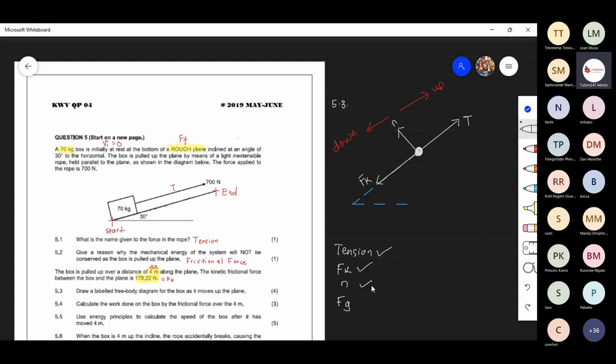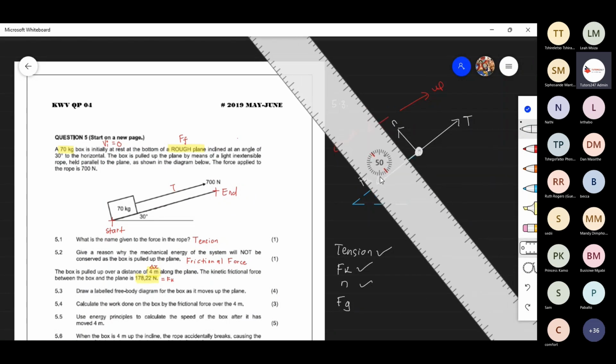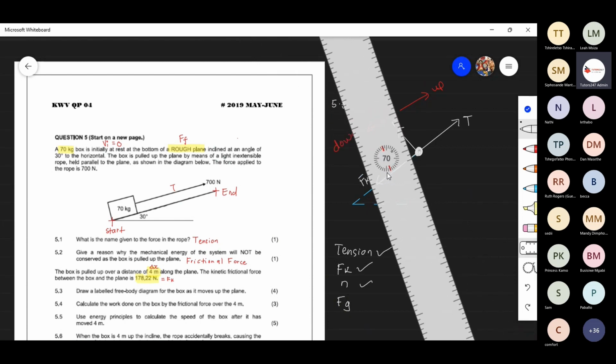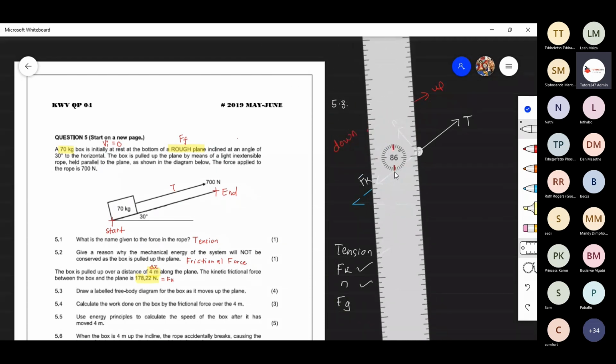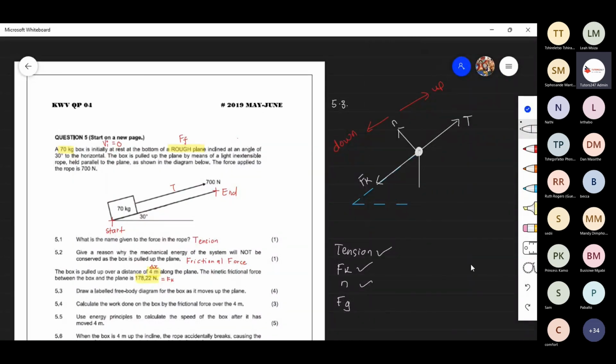And finally, let us represent our gravitational force. Now, gravity always acts straight down. So place your ruler 90 degrees to your page, or place your ruler straight in front of you and draw a line. That is going to represent your gravitational force.